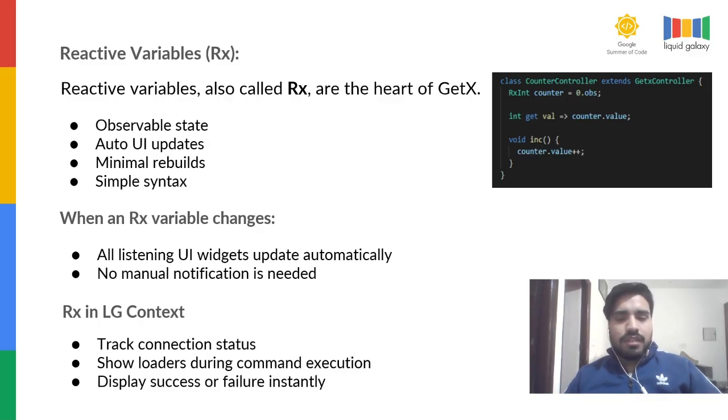Reactive variables help to auto update the UI. If you call an API and save data in that reactive variable, it automatically updates the UI of that application. So when an Rx variable changes, all listening UI updates automatically. No manual notification is needed. Means you don't need to write notifyListeners. It automatically updates the UI when the Rx variable gets its value.